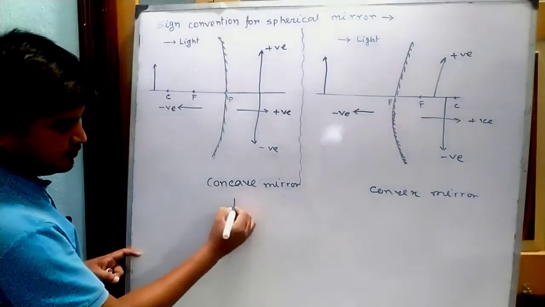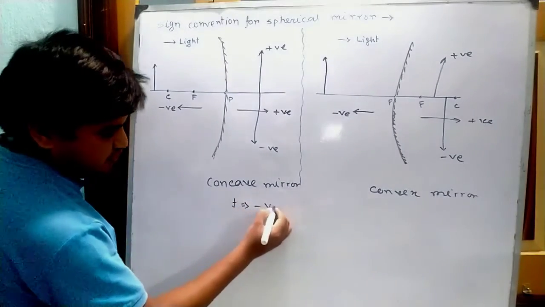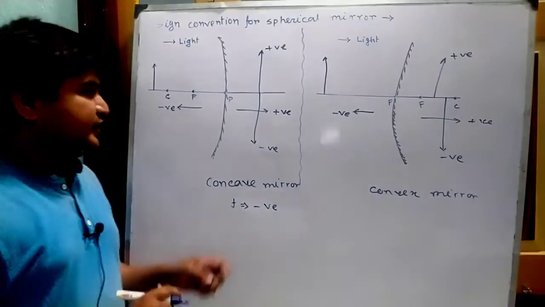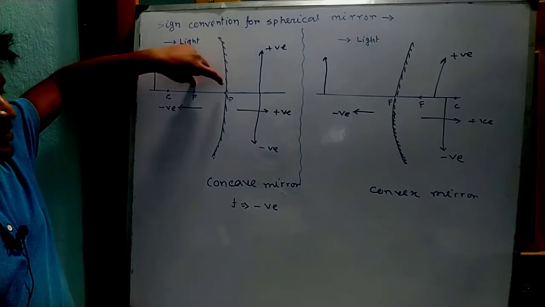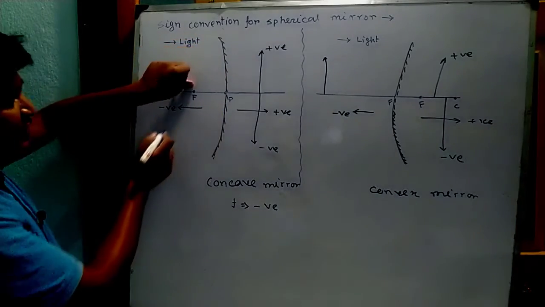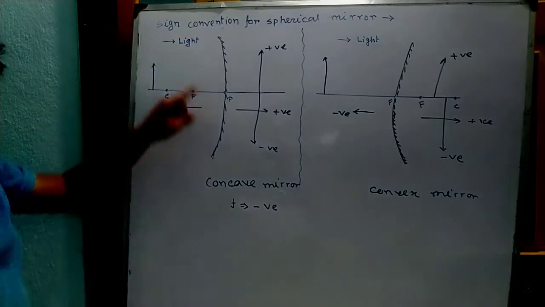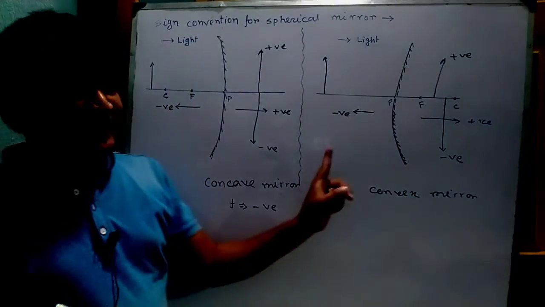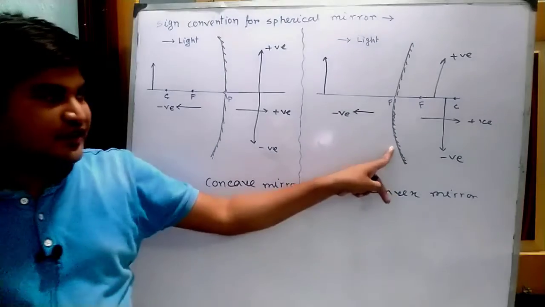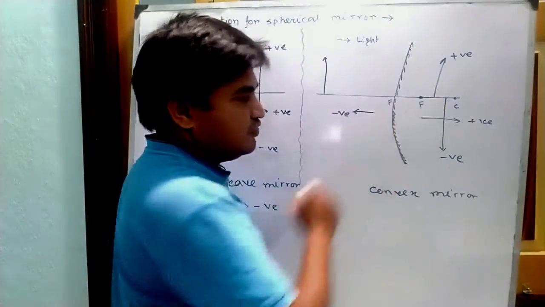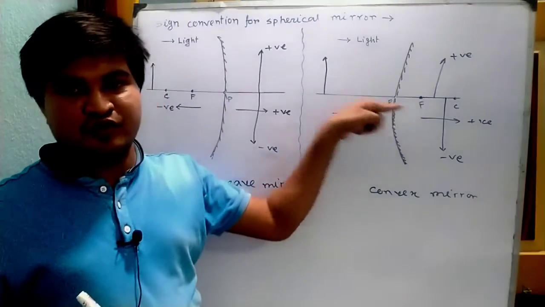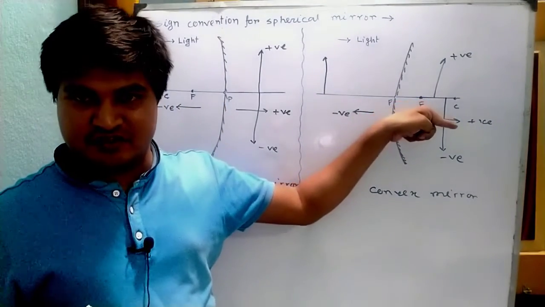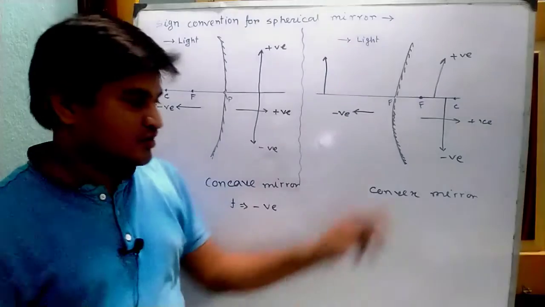For concave mirror, focal length is always negative, as this is the focus of this concave mirror, so to get the focal length we have to move in this direction, that is opposite to the direction of light, so focus will be negative. And in case of convex mirror, this is the focus, so we have to move in this direction, that is from pole to focus, this is the direction of light, so here the focal length is positive.